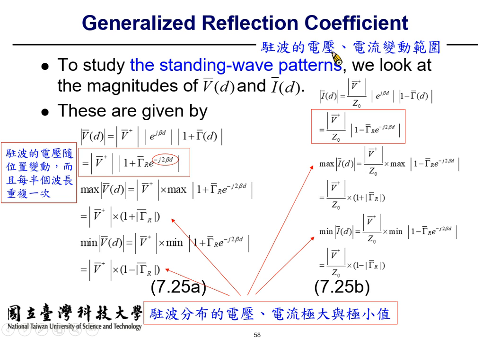And if the termination is short or open or purely reactive, then you will have the so-called complete standing wave. On the other hand, if the termination is somewhat resistive, which means some of the incident energy is absorbed by the termination, then you will have the so-called partial standing wave.